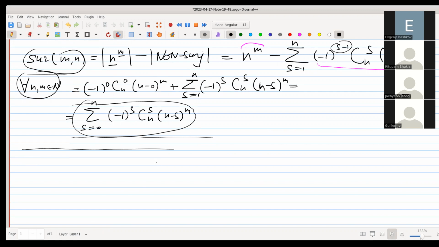Let us obtain two corollaries. How many surjections do we have from, say, 3 to 5? How many ways are there to surjectively map 3 elements, put 3 rabbits into 5 cages surjectively? That is, every cage is occupied.